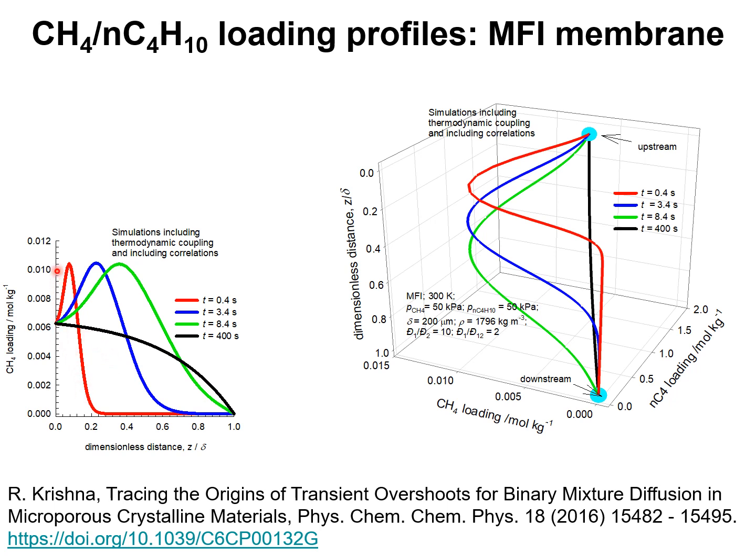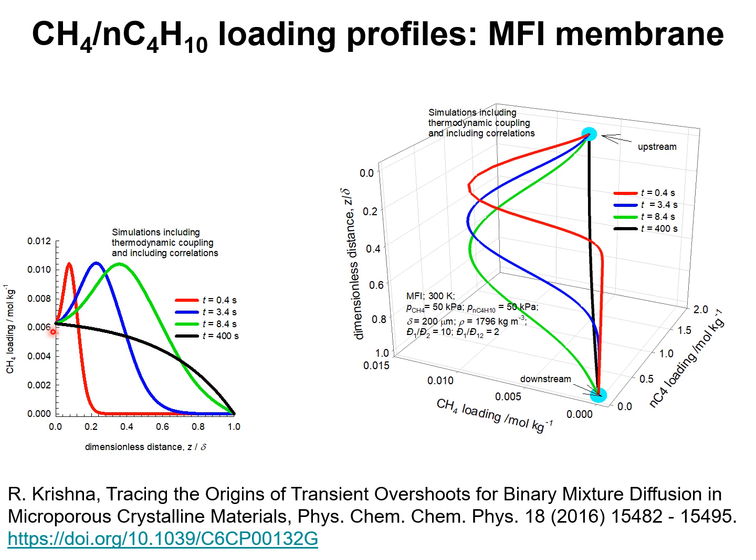The red line shows the methane loading at a time 0.4 seconds. This is 3.4 seconds, 8.4 seconds, and this is 400 seconds. This is practically close to the steady state conditions.